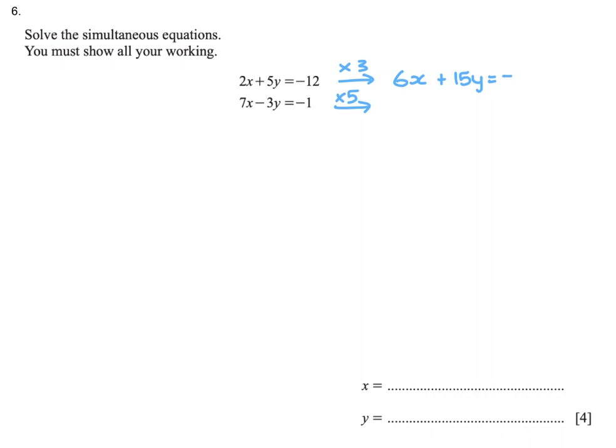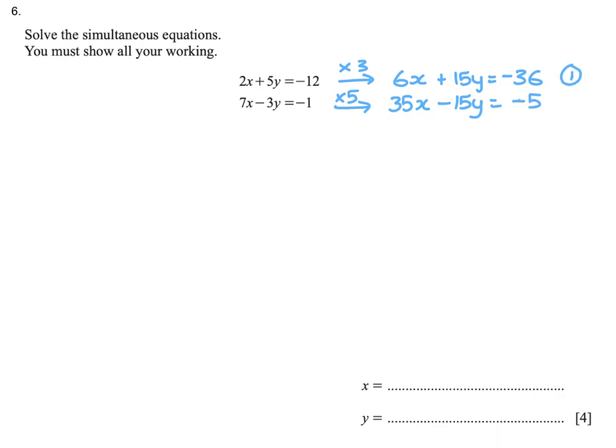And on the second one, I do 7 times 5, so that gives me 35x, and then I have minus 3 times the 5, so minus 15y, and that's equal to minus 5.